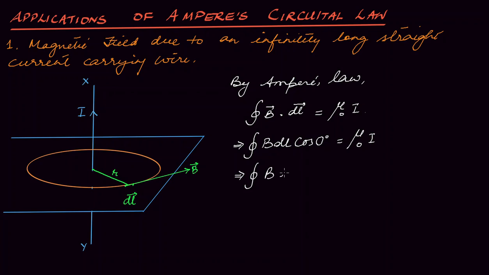So that will be B dl, since cos of 0 degree is equal to 1. So that will be mu naught I. This B I can take out. Integration of dl is equal to mu naught I. And again, just like before, when I integrate dl, I get the circumference of the circle, and that is equal to 2 pi r.